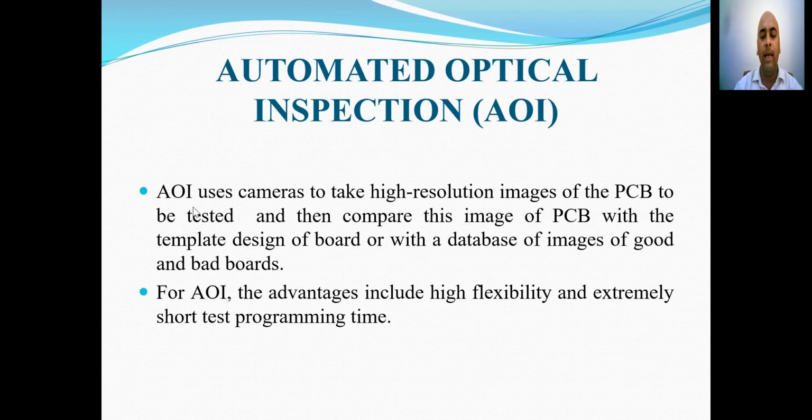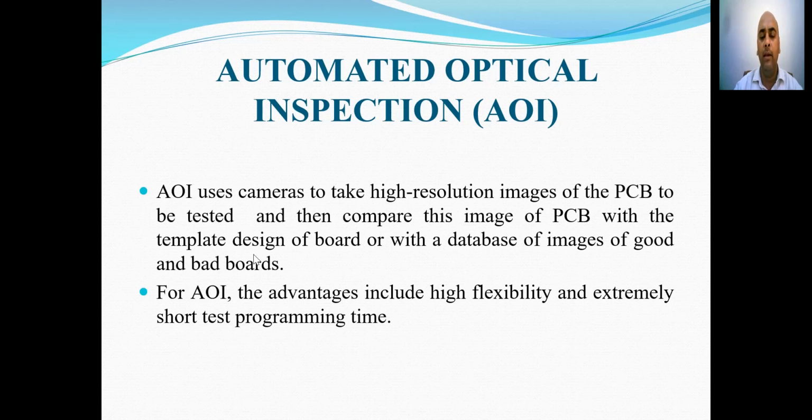The automated optical inspection method uses cameras to take high resolution images of the PCB to be tested and then compares this image of the PCB with a template design of the board or with a database of images of good and bad boards.